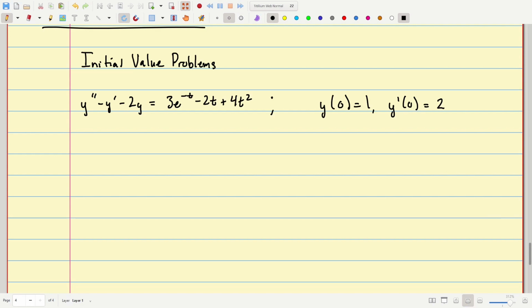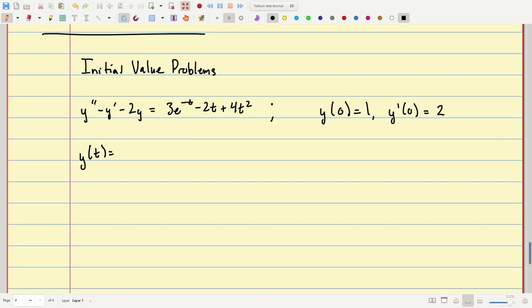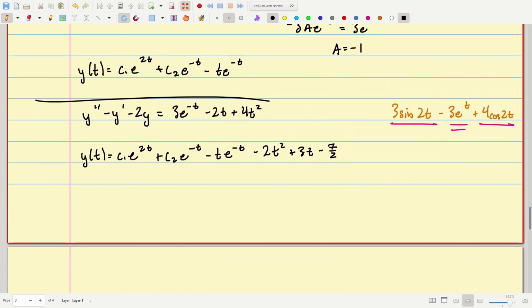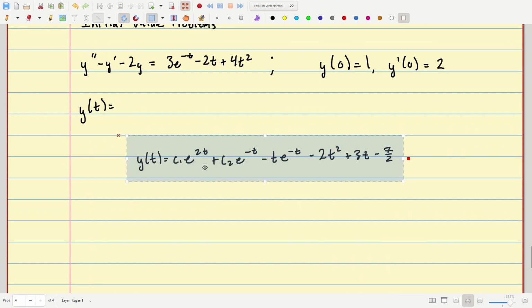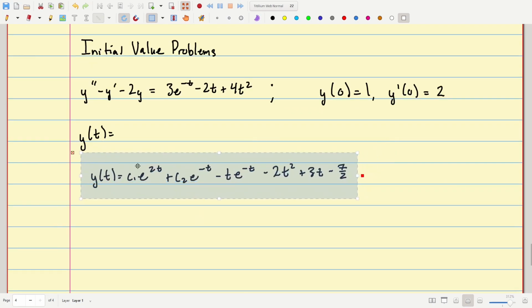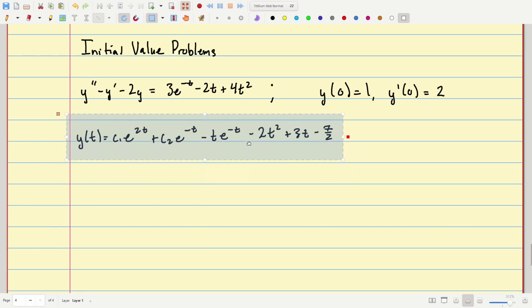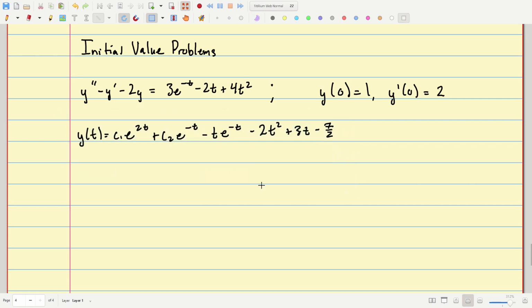So this is our differential equation. We've got everything set up here. We know that at 0, our solution has to have the value. I'm going to copy down our answer here so we're not trying to remember what it was. All right, so that's what this thing looks like.